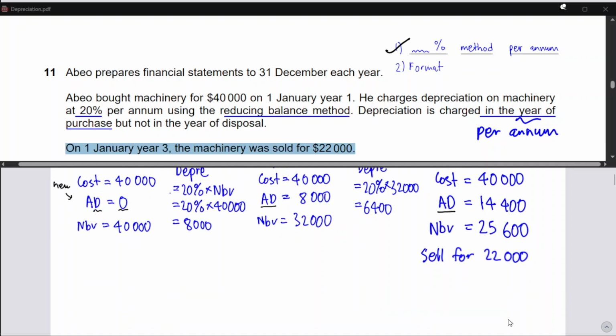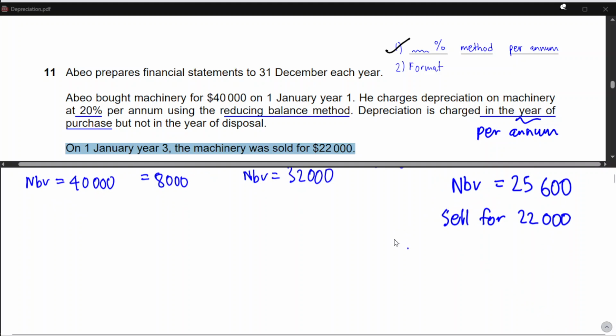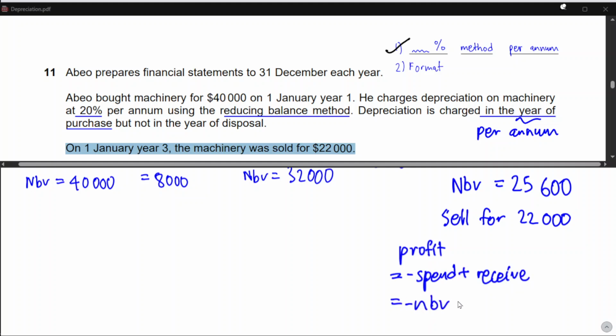By default, profit equals the amount you receive minus the net book value.